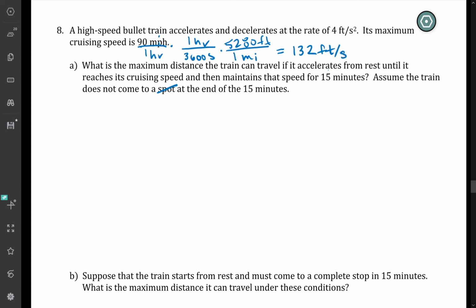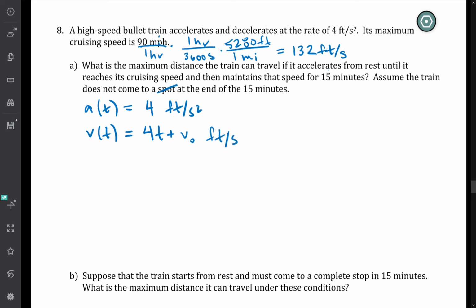Okay, so now we're going to try our typical trick of starting with acceleration. We're interested in the speeding up part, not the slowing down part, so we'll say we have an acceleration of positive 4 feet per second squared, which means our velocity function will be 4t plus v sub 0 feet per second.